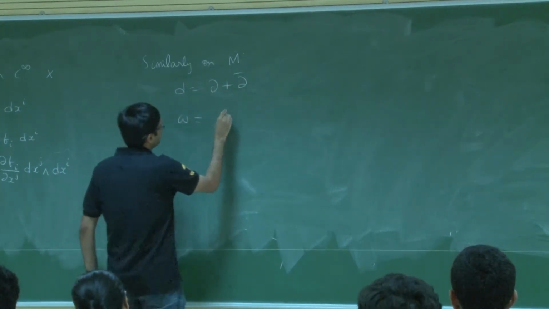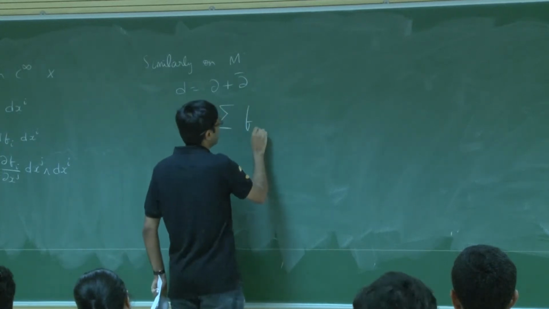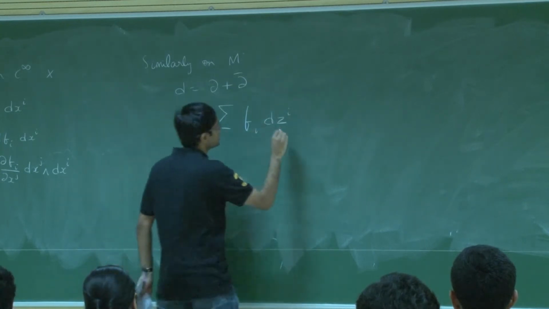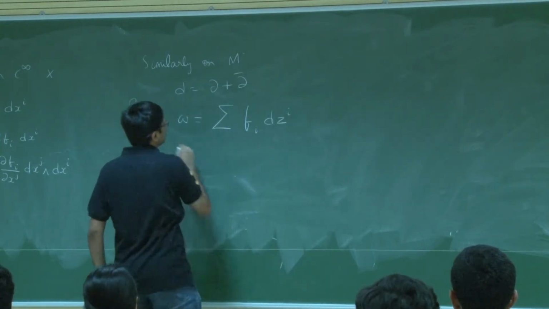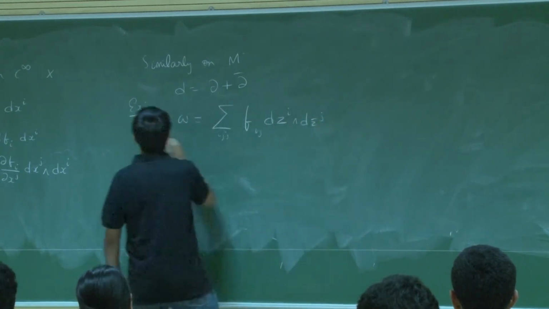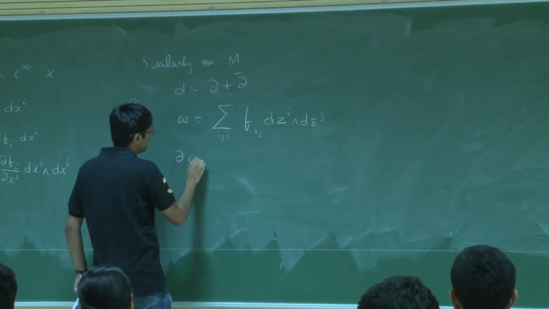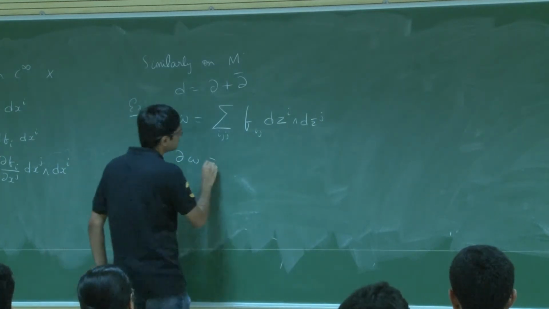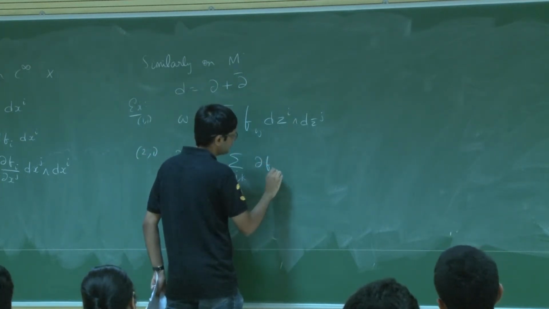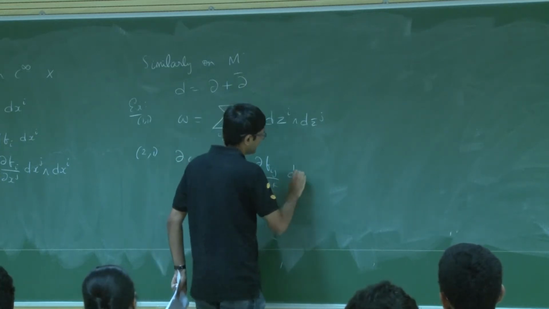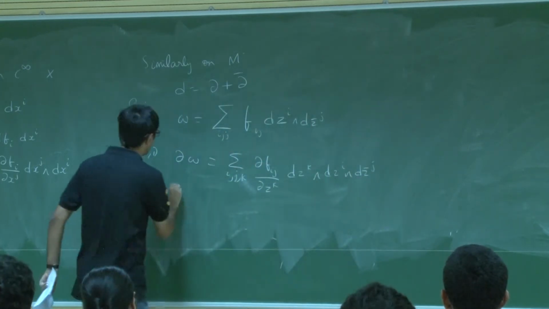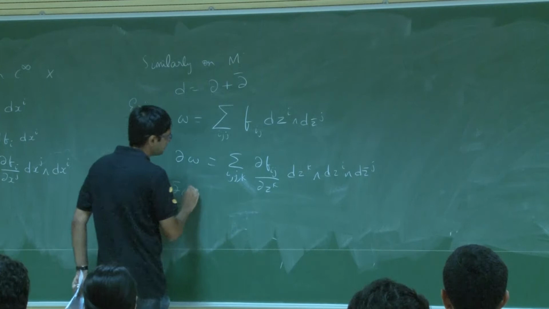If you have omega being, let's say, fi dzi, for example, let's say omega is fij dzi wedge dzj bar. Suppose it's a 1-1 form. Del omega gives you a 2-1 form. Del bar omega gives you a 1-2 form.